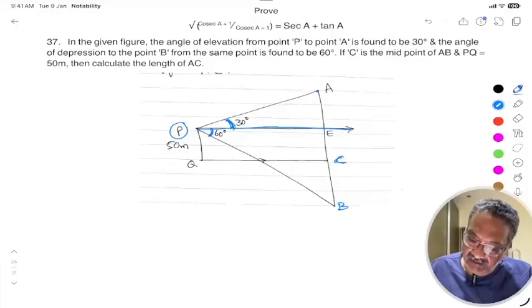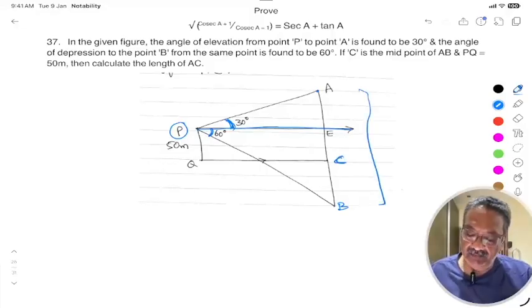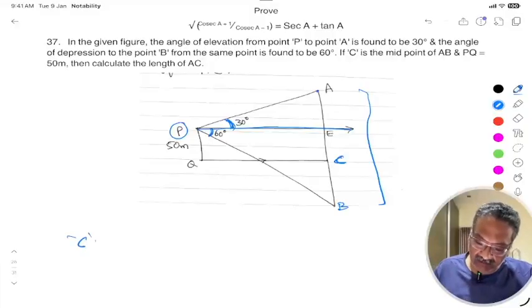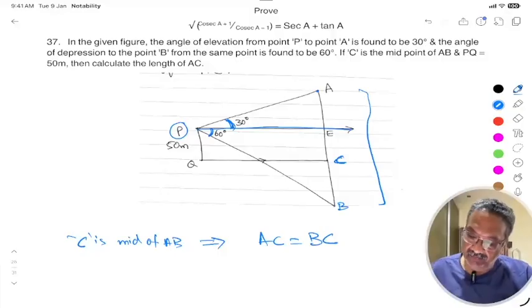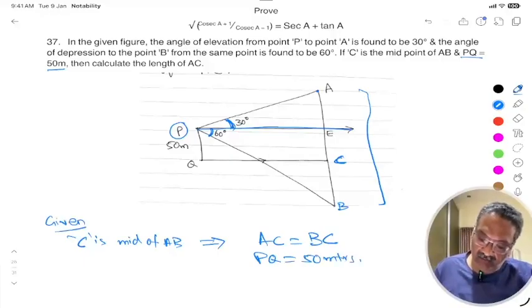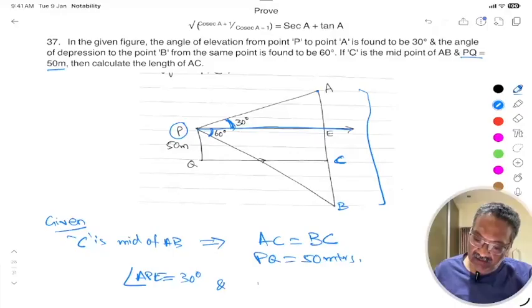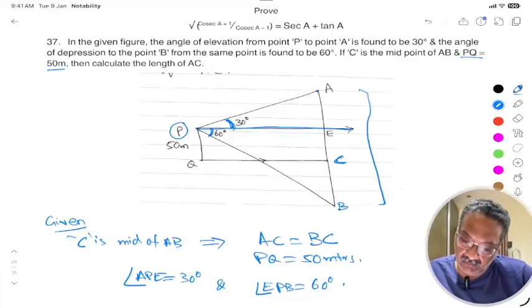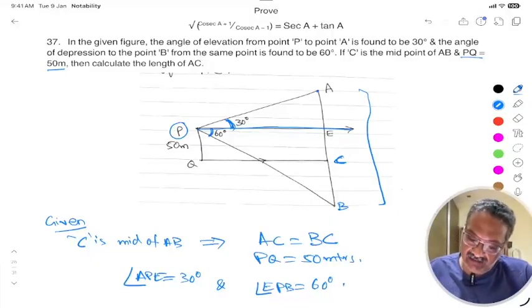C is the midpoint of A and B, so AC is equal to BC. Given PQ is 50 meters. Angle APE is 30 degrees and angle EPB is 60 degrees. Now calculate the length of AC.